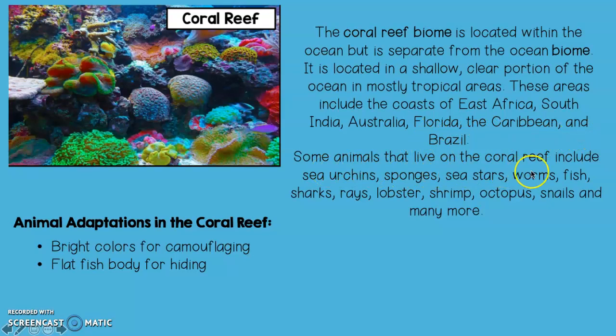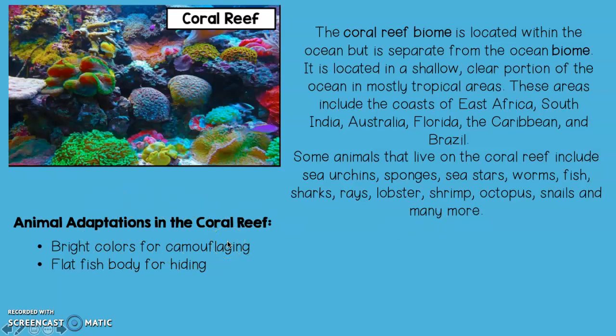Some animals that live on the coral reef include sea urchins, sponges, sea stars, worms, fish, sharks, rays, lobster, shrimp, octopus, snails, and many more. Remember, that's just an example of what types of animals live there.